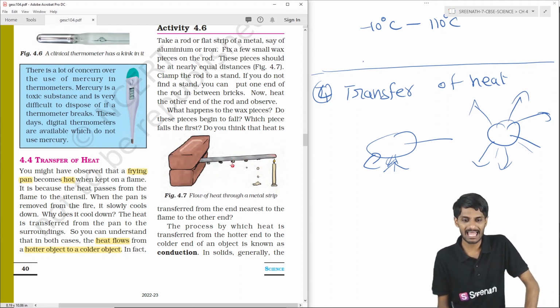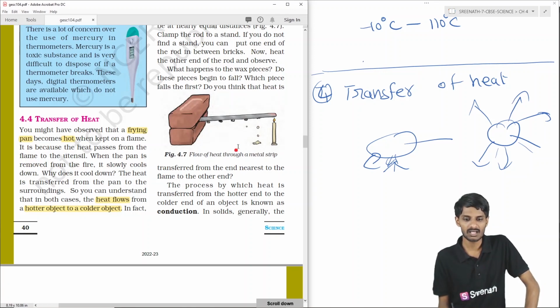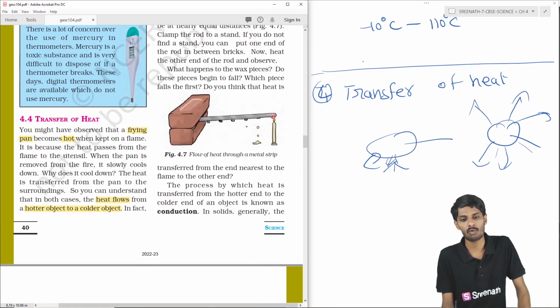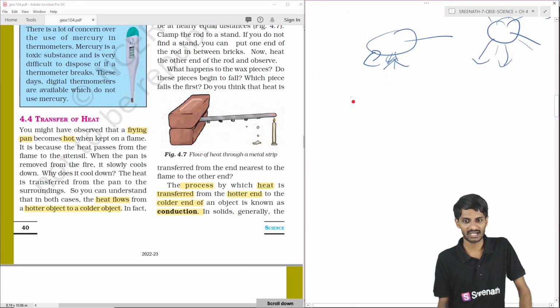So what happens, students? Heat is transferred from hot end to cold end. The process by which heat is transferred from hotter end to colder end is called what? Conduction, students. So we will write the definition of conduction.